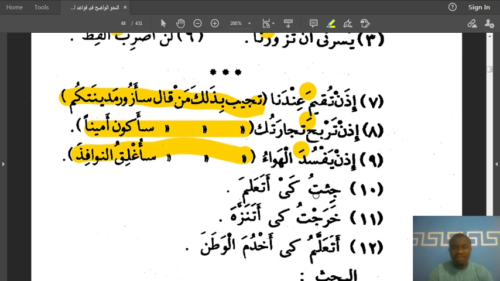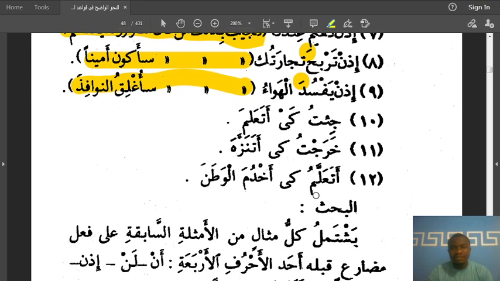Okay, number 10, he tells us ji'itu kay ata'allam. I came so as to learn. That is, I came to learn. Ji'itu, I came, from ja'a. Kay ata'allam, I came so that I will learn. Now you see ata'allama, the fatha is there.